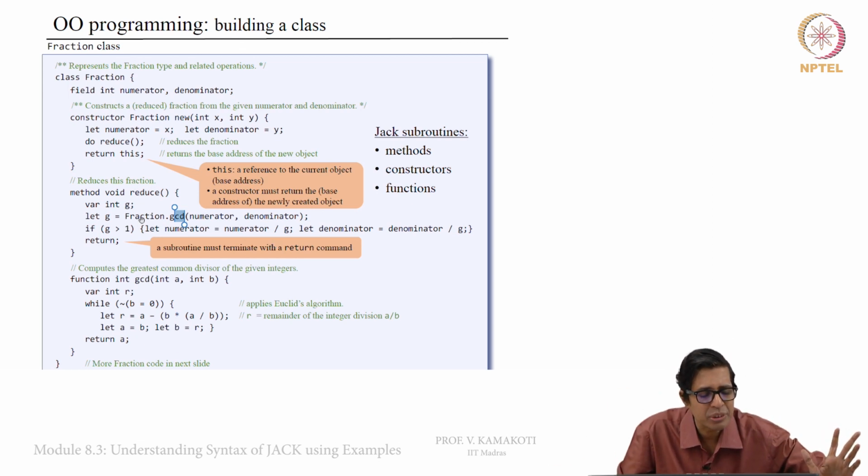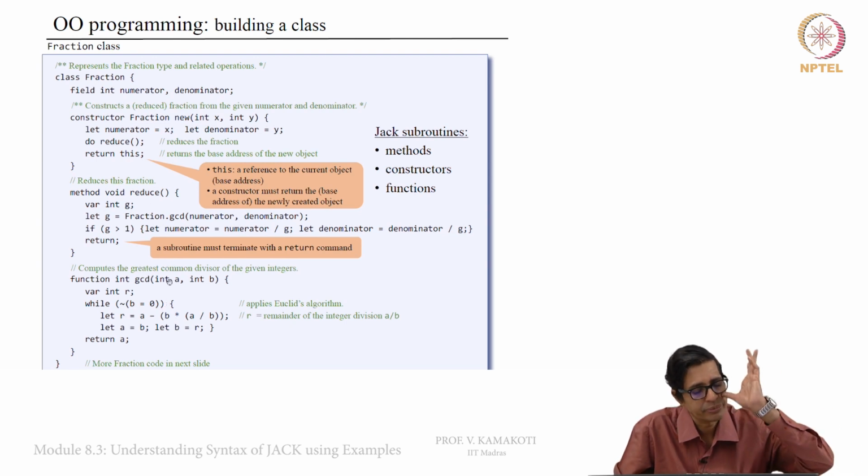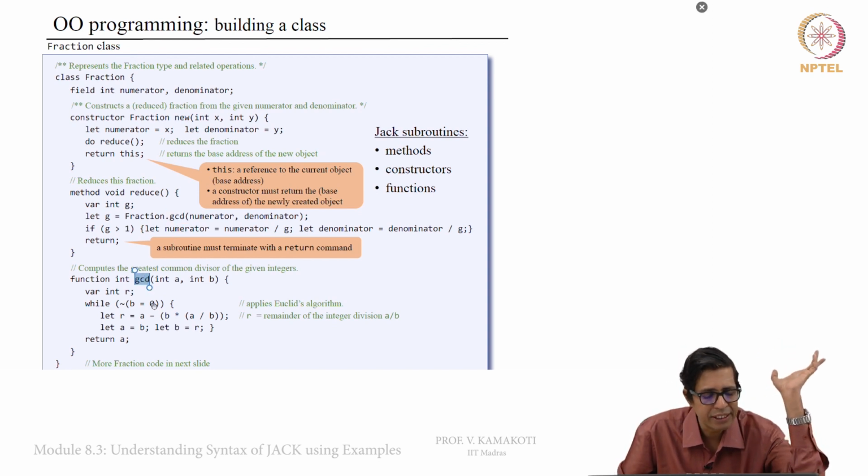For computing that, this fraction uses a function. See, reduce is a method that uses a function called GCD. GCD is a function and it takes in two inputs a, b and it applies Euclid's algorithm.